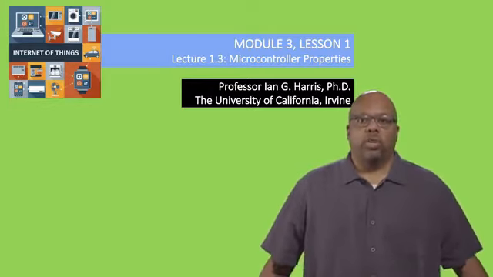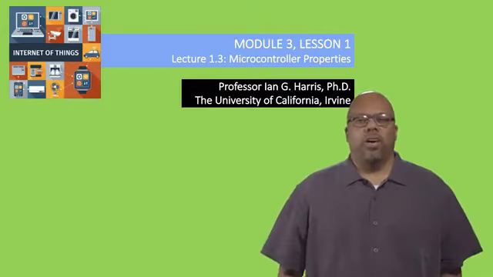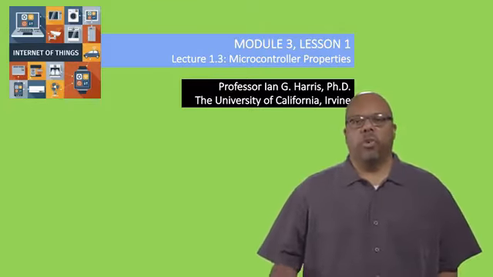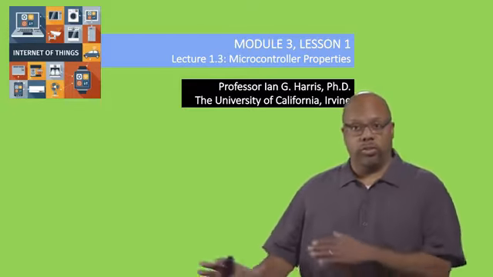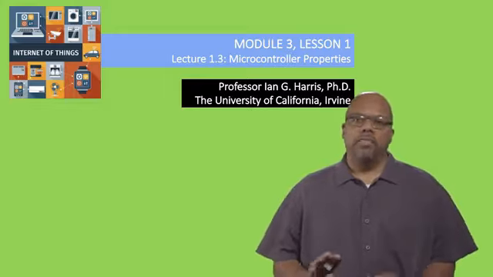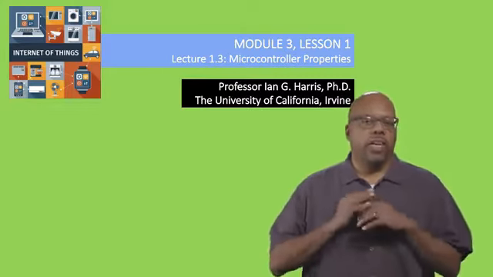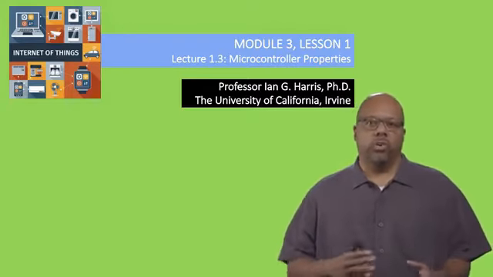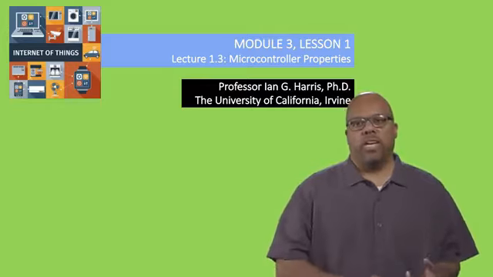There are a wide range of choices, and you're going to have to find one to use. A lot of these decisions are sort of pre-done for you. If you work at a company that uses a particular brand, say Freescale, that's what you use. But even within those constraints, there's a ton of microcontrollers you can use, all with different properties, and you've got to pick the one that's right for your project.